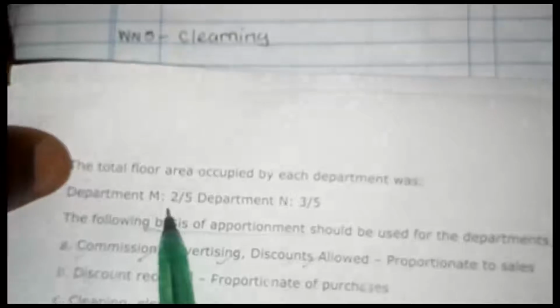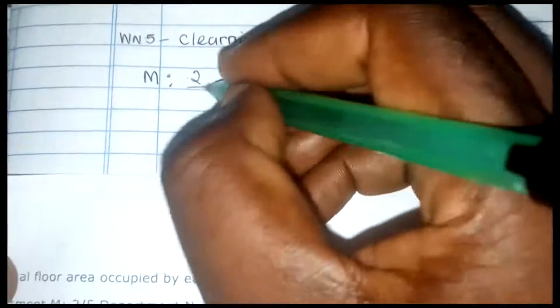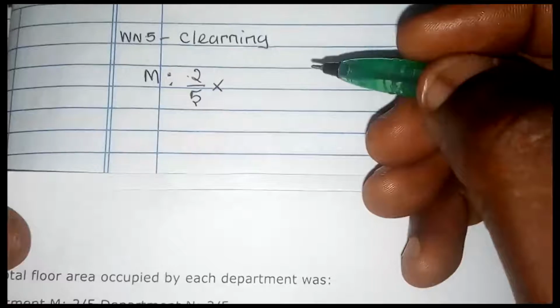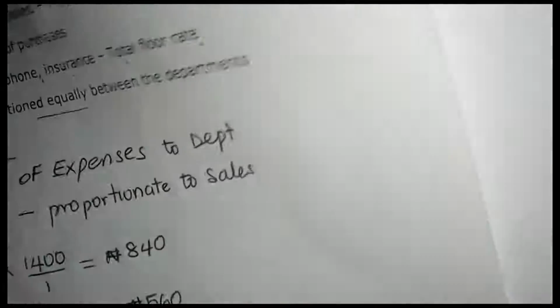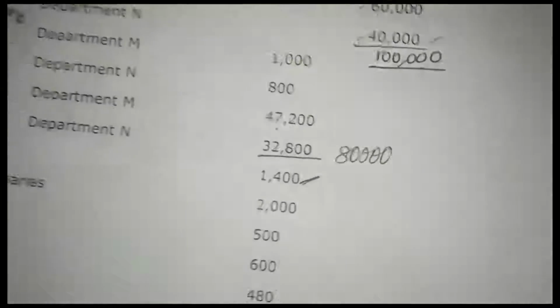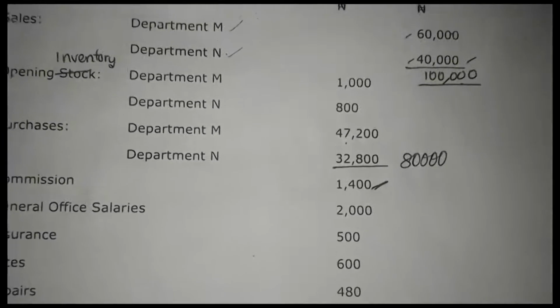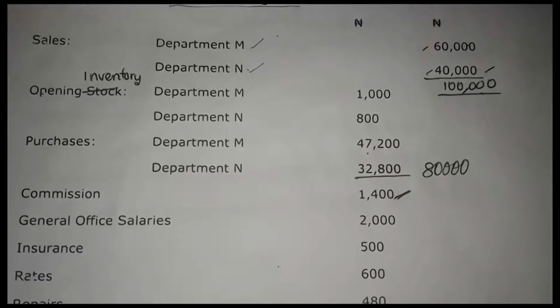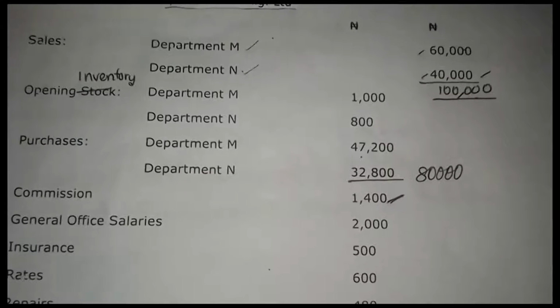So we have M, for M is 2 over 5. That's 2 over 5 multiplied by the total expenses for cleaning, which is 40.